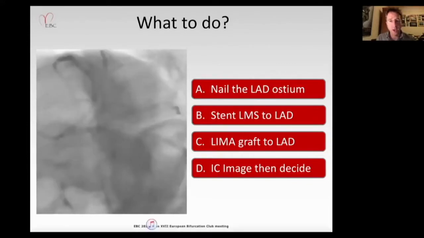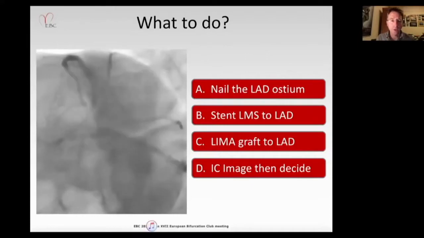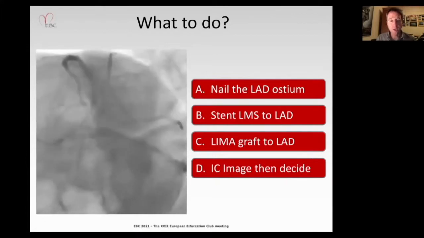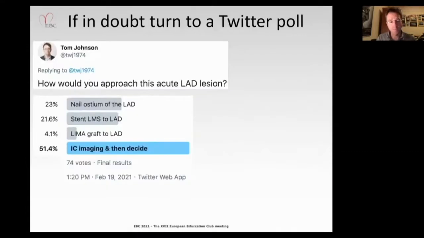To then decide. And this was a poll that I placed on Twitter prior to presenting this case last year at an Indian symposium. In fact, half of those respondents suggested imaging first, perhaps partly led by the fact that I was asking the question.